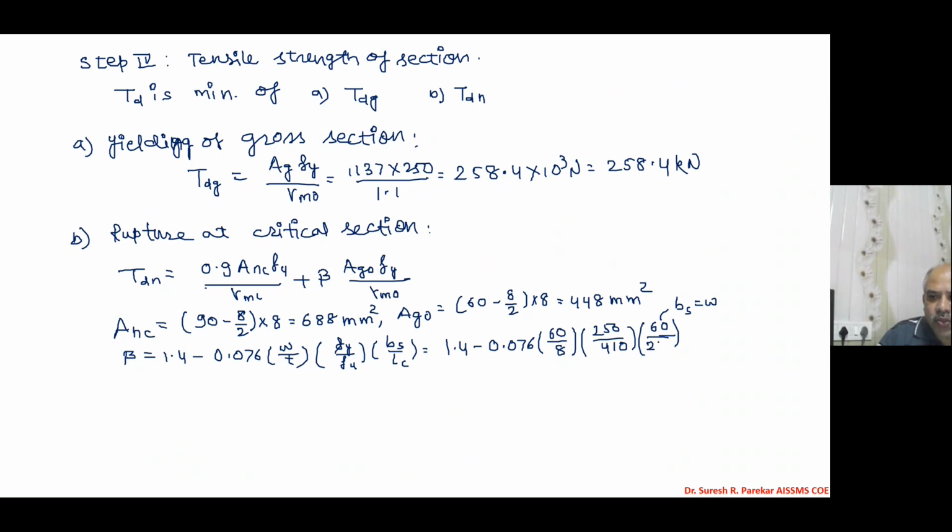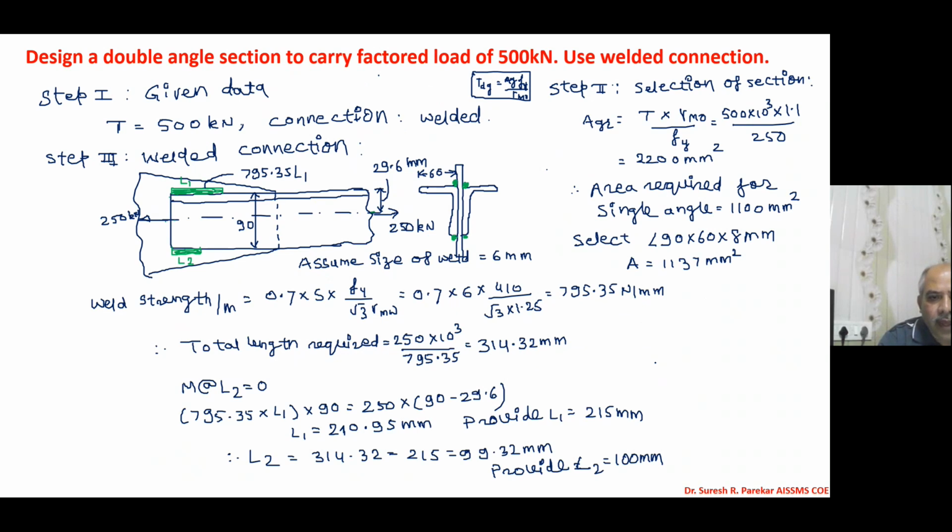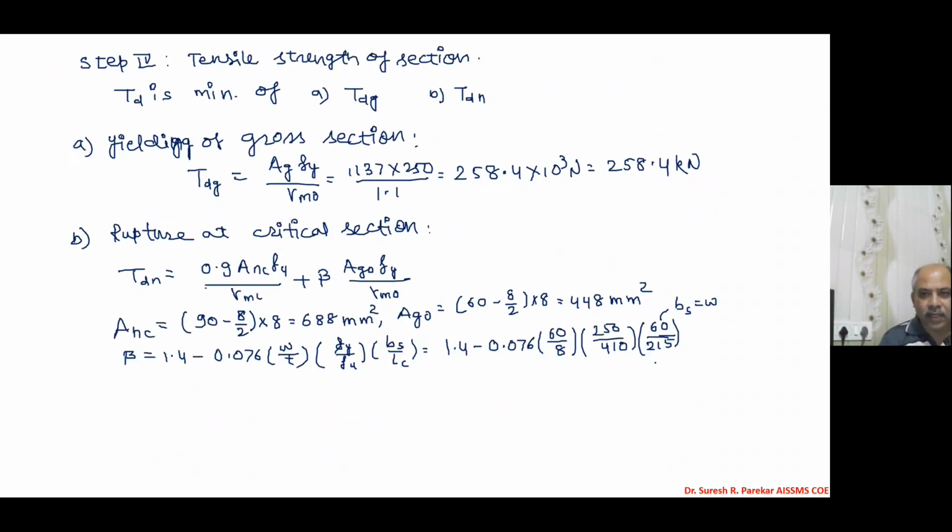And if we calculate this value, we are going to get this as 60 divided by 8 multiplied by 250 divided by 410 multiplied by 60 divided by 215. And then we have minus 1.4. It comes 1.3.